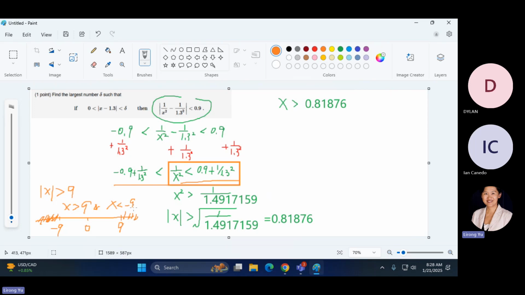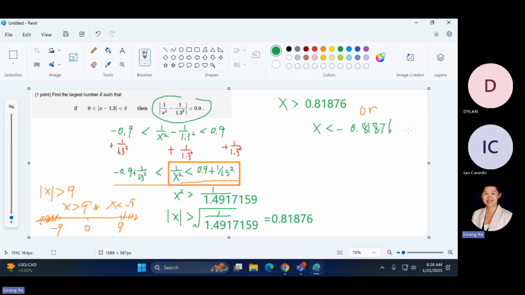So I'm just thinking about removing the absolute value sign in the absolute value of x bigger than 0.8187. After removing it, on the positive side we have x bigger than 0.8187, or on the negative side, x is less than negative 0.8186.